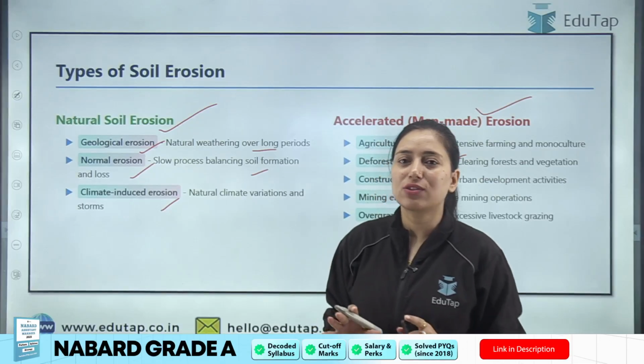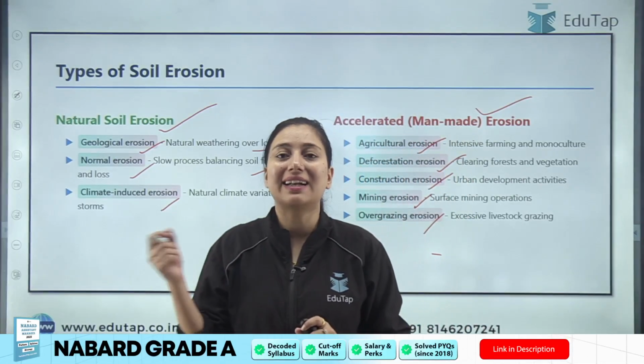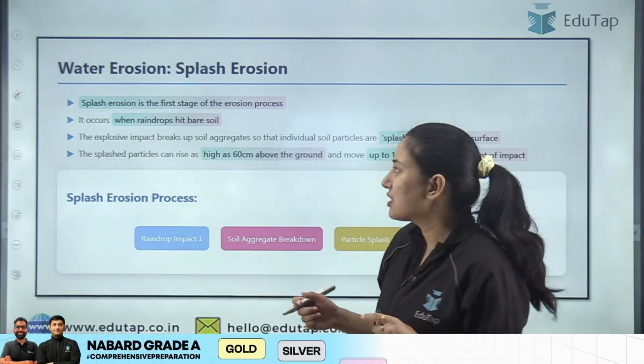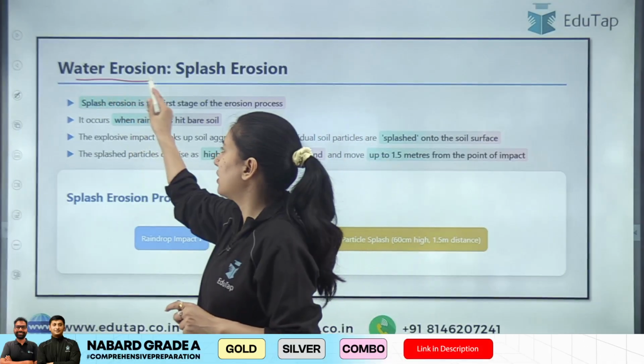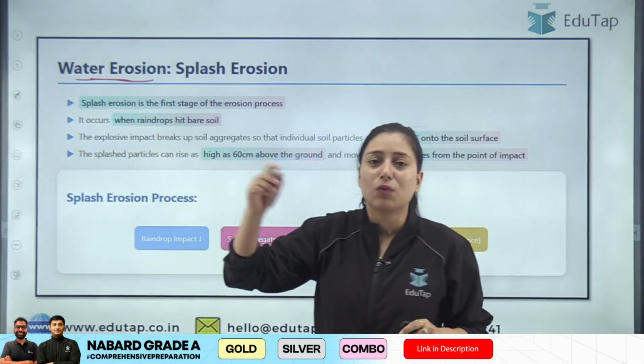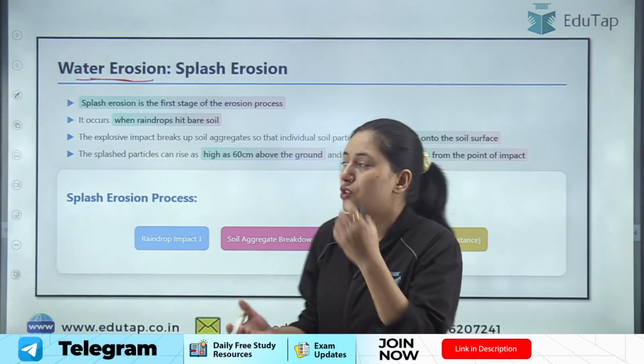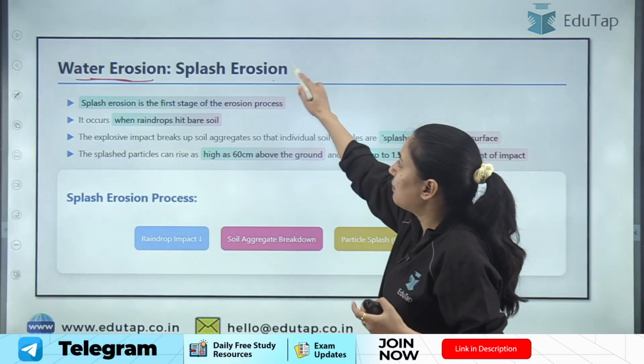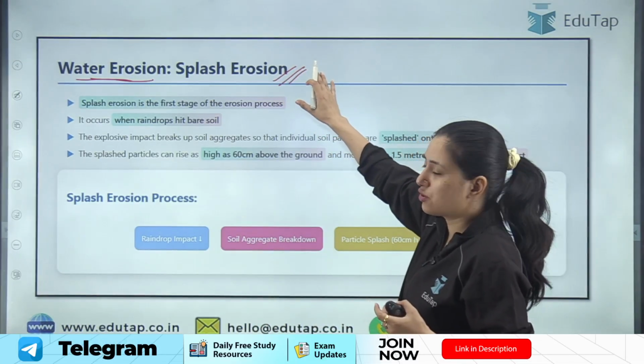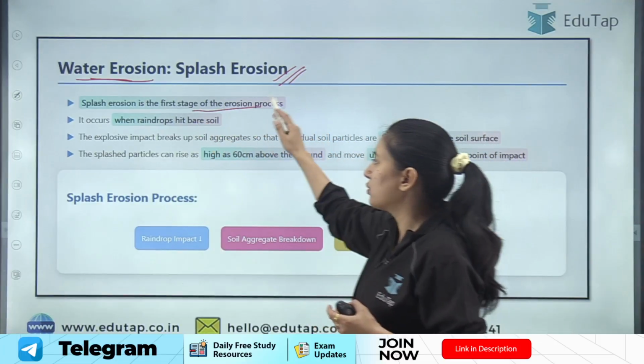Now let us understand soil erosion based on the agent that leads to erosion, right? The very first agent that we will discuss is water erosion. Water erosion is erosion that is happening due to water flow, right? First, under this we understand splash erosion. What is splash erosion? Students, it is the first stage of the erosion process.